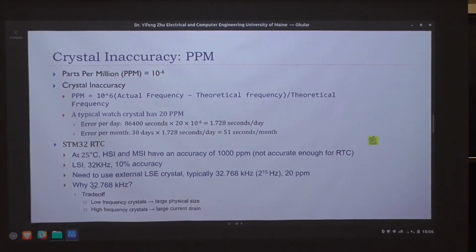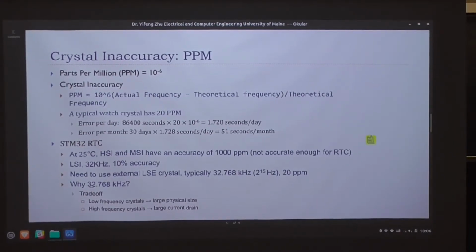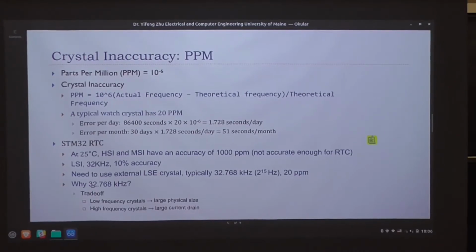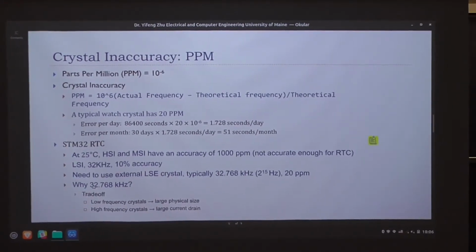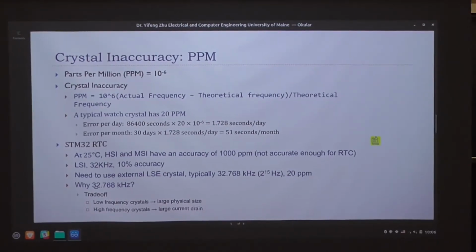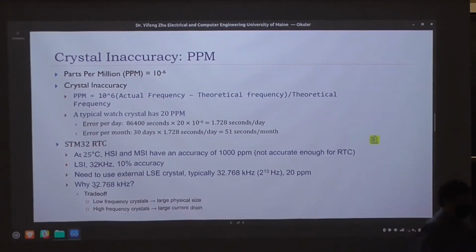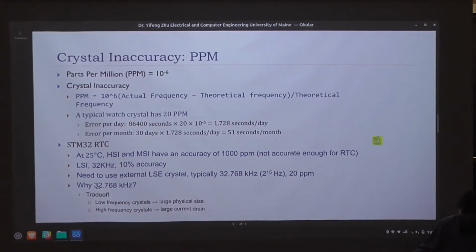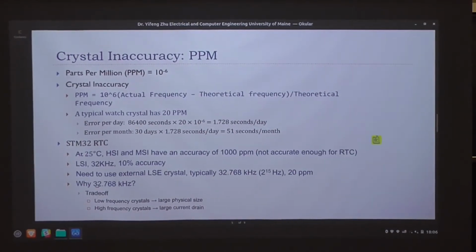So anyway, let's talk about crystal inaccuracy. Don't ask me why, but they use parts per million to say how accurate or inaccurate your clock is. Parts per million is a unit that's normally reserved for things like poison.